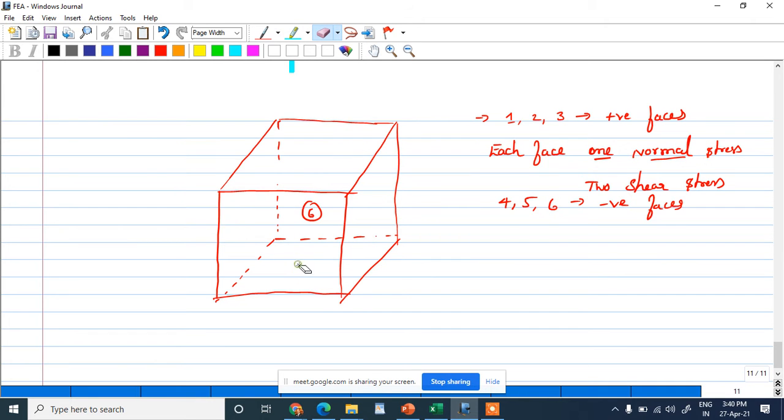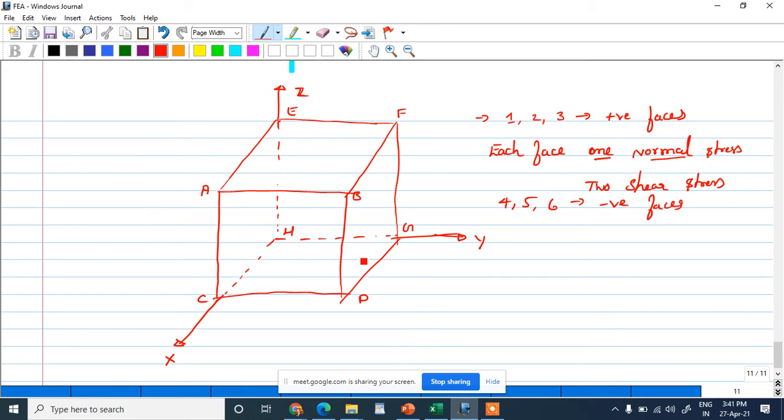Let me indicate the directions. This particular direction I will consider as X, this particular direction as Y, and this particular direction as Z. Now let us mark the vertices: I will denote A, B, C, D, E, F, G, H. I have done the marking.